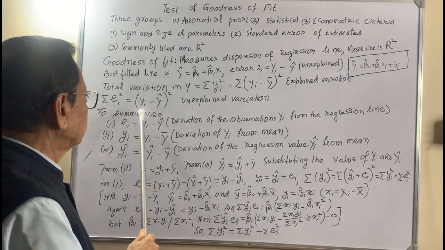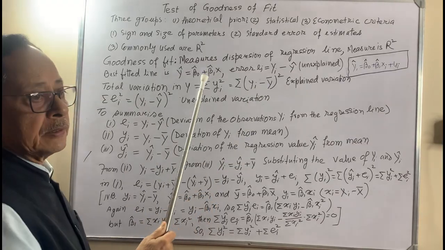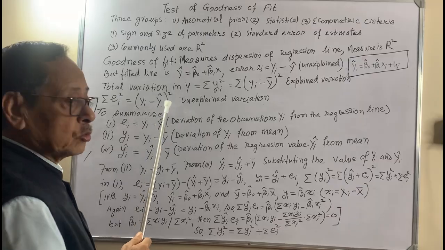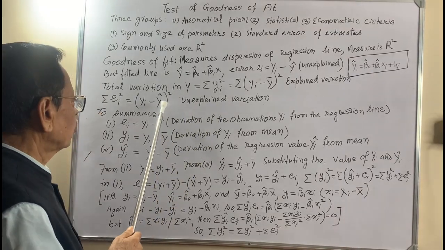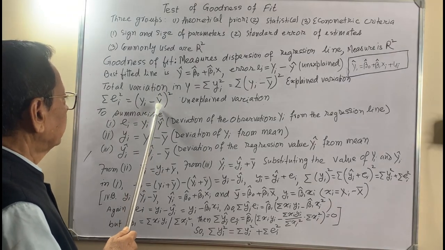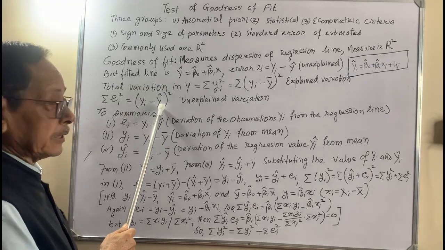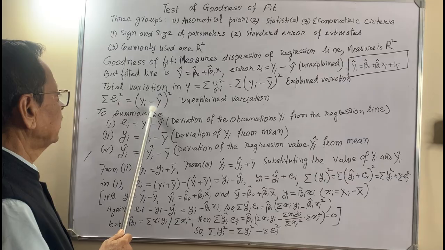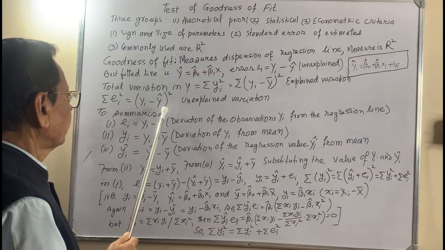Then when it is a least square line, not the average line, by following the two simultaneous equations for minimization, we will get Y estimated, and when we subtract it from each observation, that becomes the error.